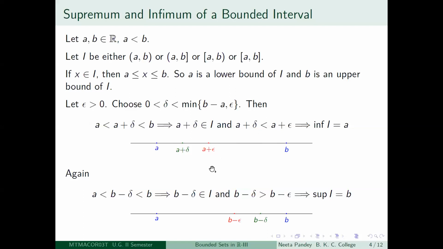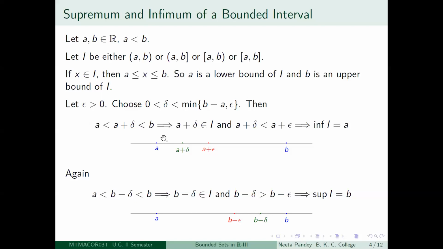So I have ignored that part. What I have done is that suppose I take an epsilon greater than 0, so that a plus epsilon is less than b in the figure. If a plus epsilon is less than b, I want to still claim that a plus epsilon cannot be a lower bound of the interval I. Why is that true?